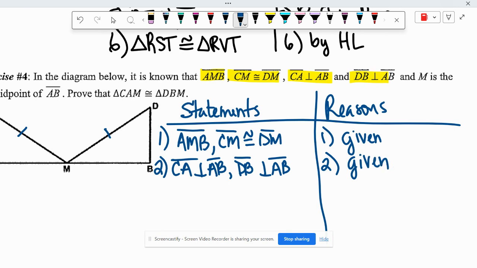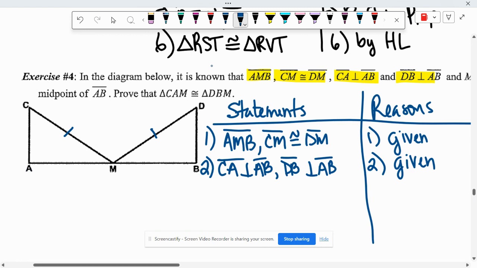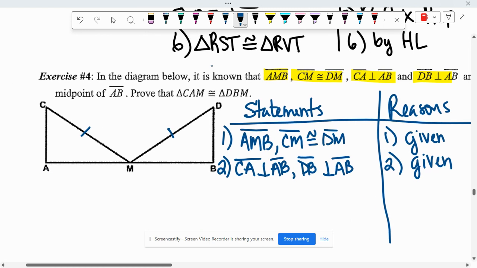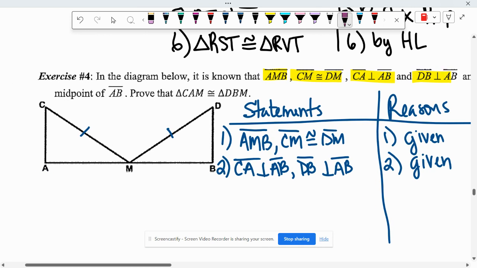Now, sometimes you're going to see proofs and they smush all of the givens at one time. I just don't believe that that's a good practice because it's just not. So segment CA is perpendicular to AB. So I'm putting what over there? What am I going to draw at CA and AB where they meet? I'm going to draw a right angle. And segment DB is perpendicular to segment AB. So I'm going to draw a right angle over there as well.